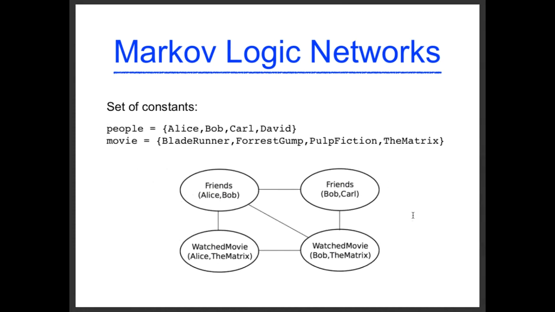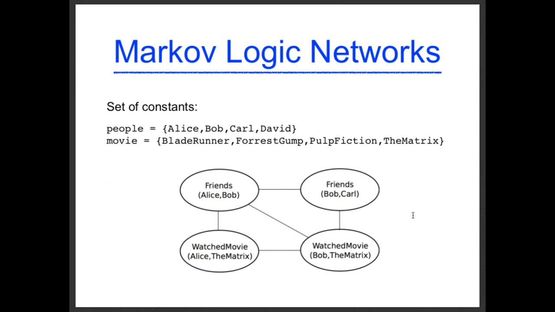So here is an example coming from the MLN that we have seen before. This is just a small portion of the Markov network. But with this, you can already see that, for example, I have this set of constants of two types. Type people, I have, for example, Alice, Bob, Carl, and David.